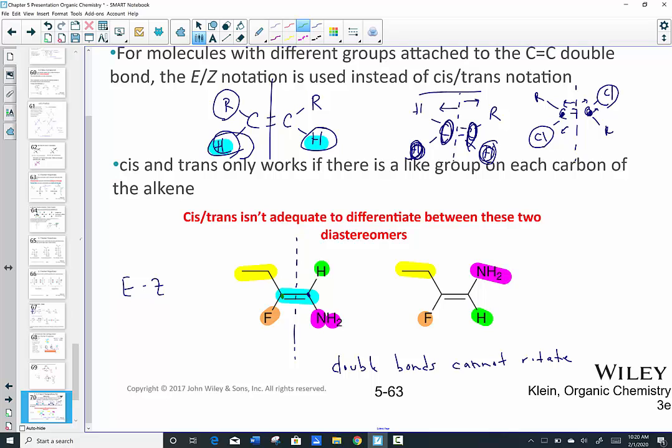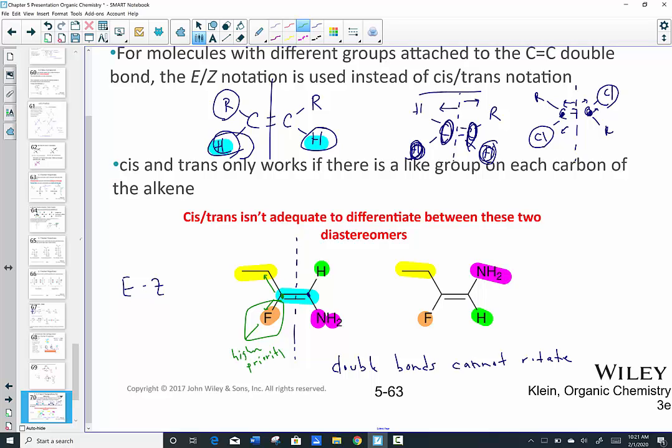Who has the atomic number that's higher between a fluorine and a carbon? Well, of course, fluorine does. It is of higher priority. So the fluorine is at the position of higher priority based on its atomic number, comparing it to the other attachment of the carbon in the double bond.